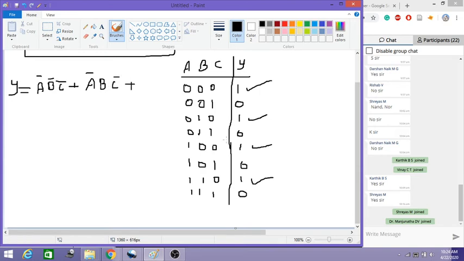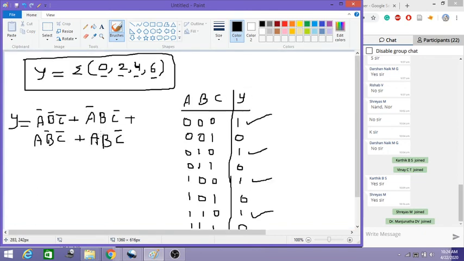So plus, then we have the next term A B bar C bar plus we have A B C bar. So now this is the given equation.